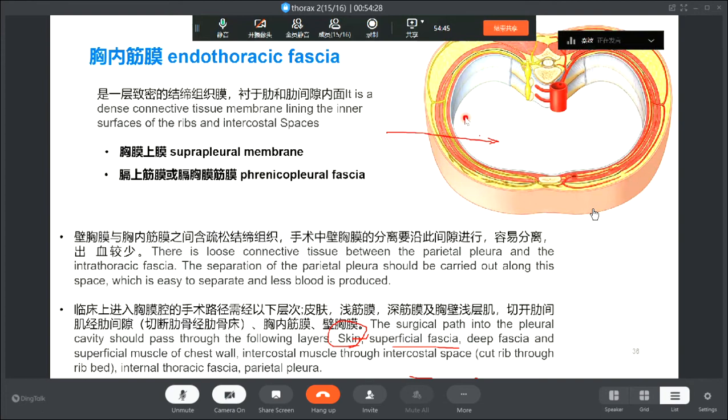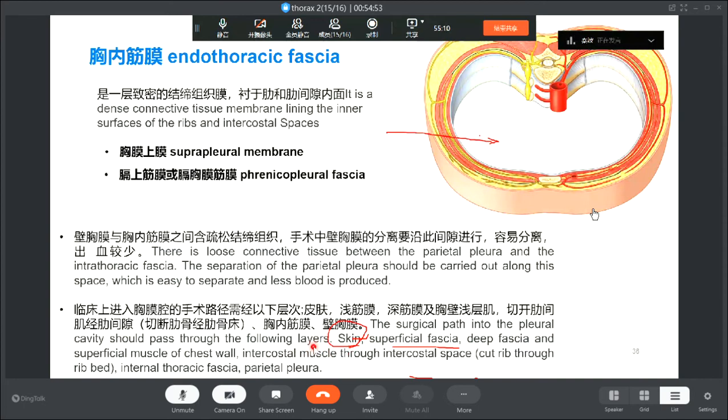So under the surgical pathway, the path into the pleural cavity should pass through these layers. Okay, and this knowledge is important. You should remember it.